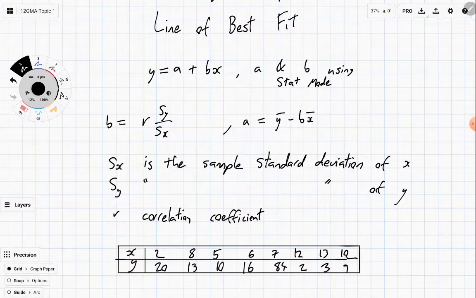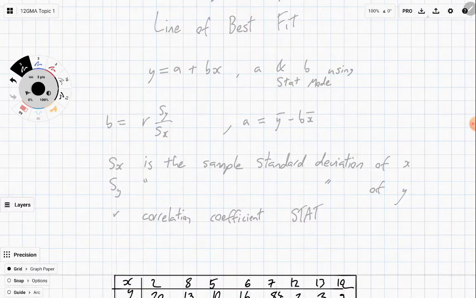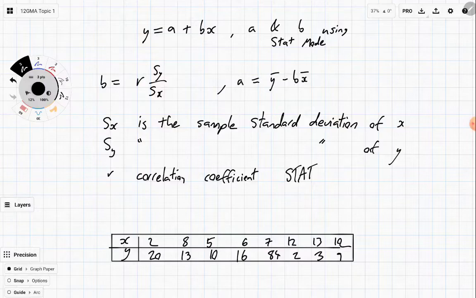And we can get that also using stat mode. Okay, so that's another stat mode one that we can get. The last two are probably the only ones that we'd be expected to calculate manually, and those are x hat and y hat. So x hat is the mean of x, and y hat is the mean of y.